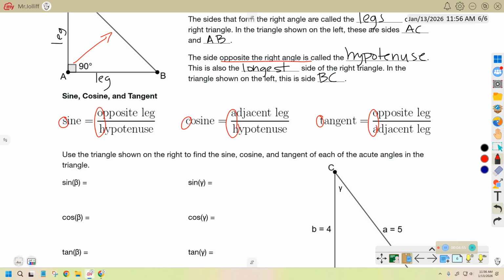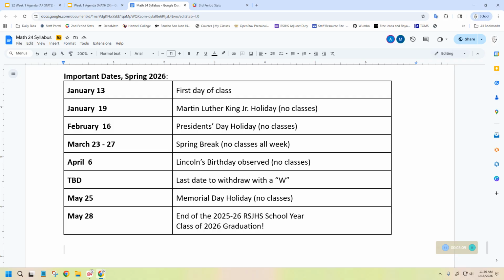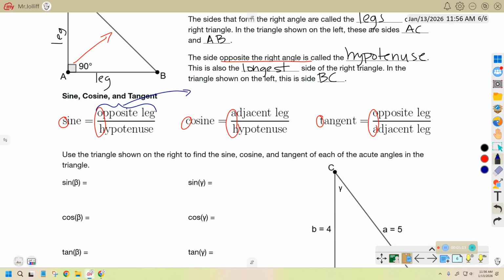We're going to define opposite and adjacent just to make sure we're clear on what those words mean. When we are talking about the opposite leg, we are talking about, whoa, how did that happen? No, go back. Go back, there we go. We are talking about the leg that is across from the angle of interest.